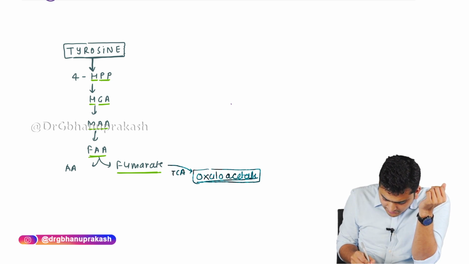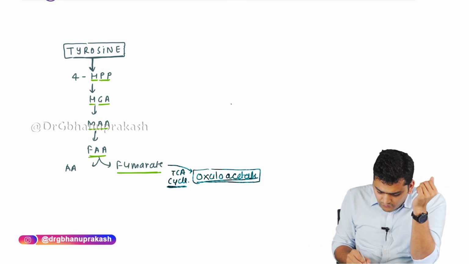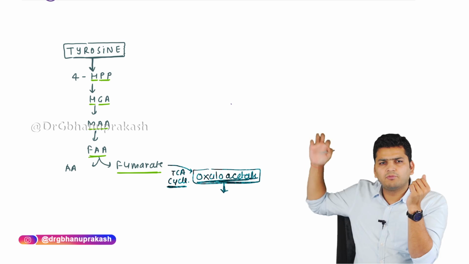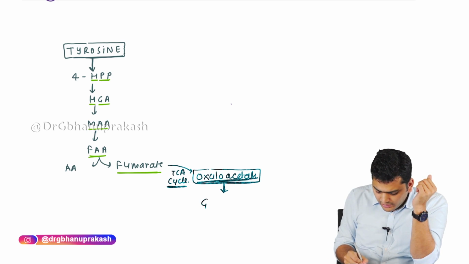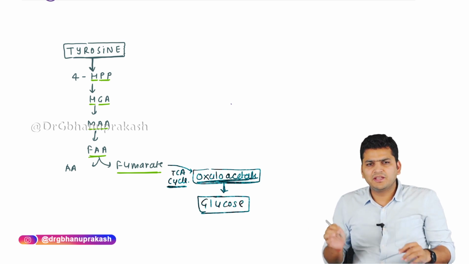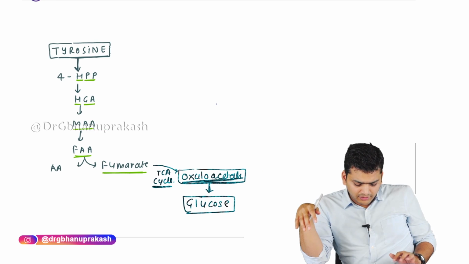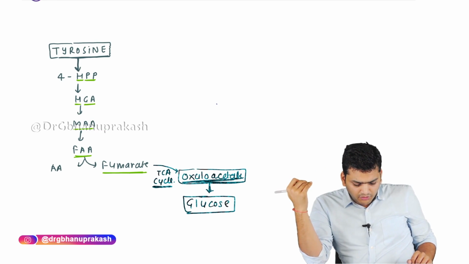You will be using the enzymes of the TCA cycle, and the fumarate can convert into oxaloacetate. And just now we discussed that once you have made oxaloacetate, you know how to ascend up from the oxaloacetate all the way to glucose. When we were making glucose from the pyruvate, we saw that oxaloacetate can easily go all the way up to the glucose. This is how we can make glucose from tyrosine.